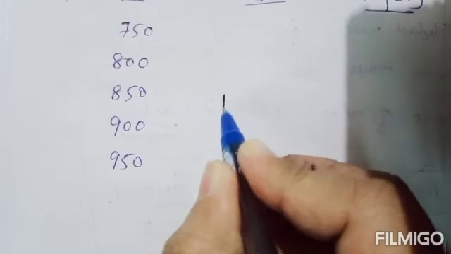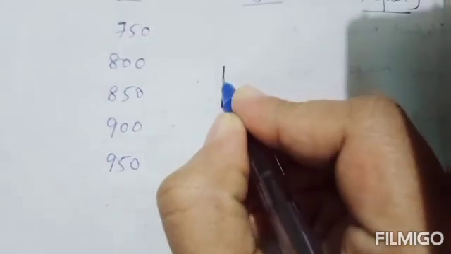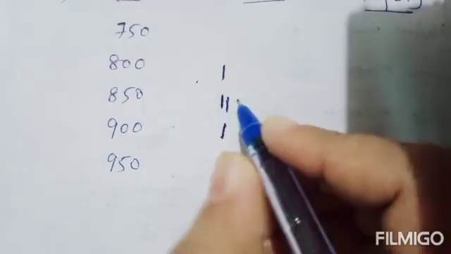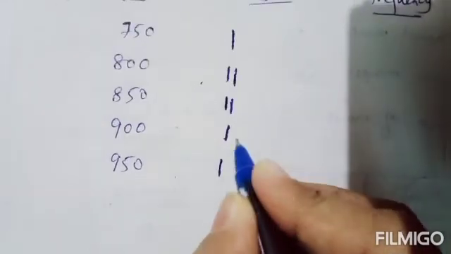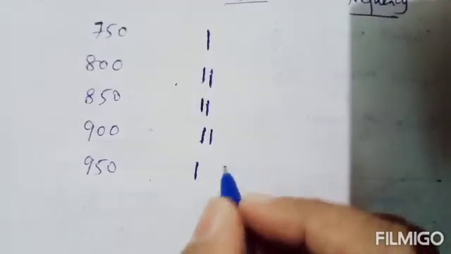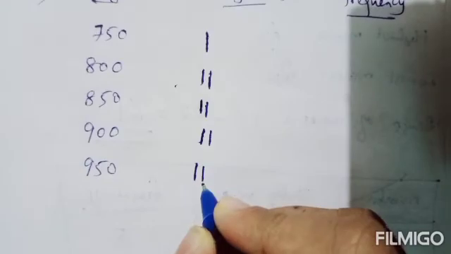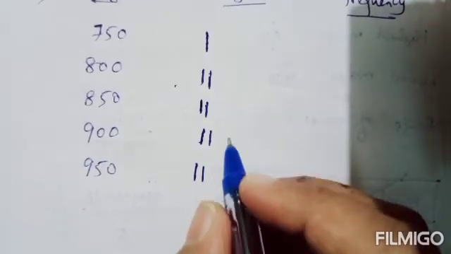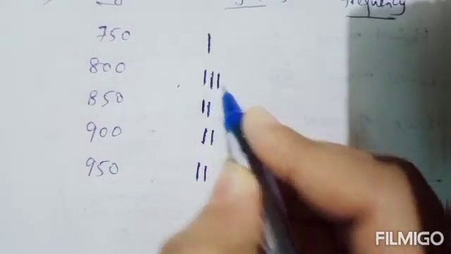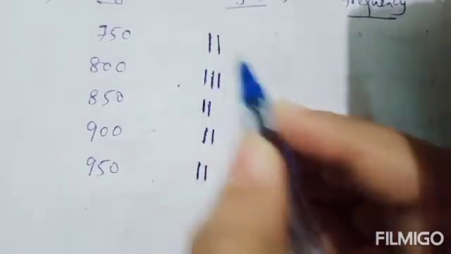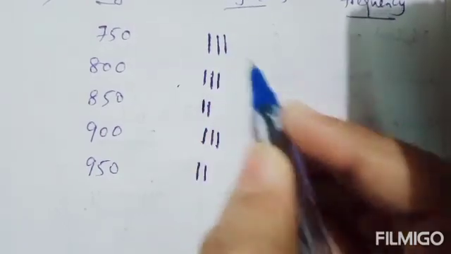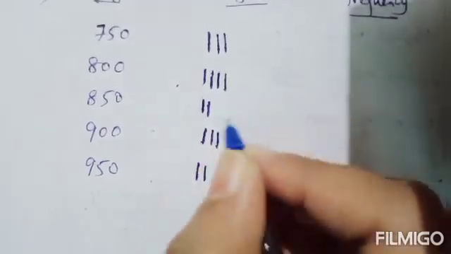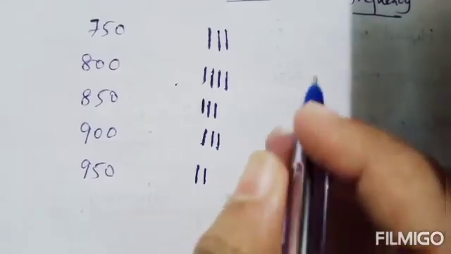Then 850, 800, 850, 800, 750, 950, 900, then 950, then 800, 750, 900, 750, 800 and 850. Now it is completed.